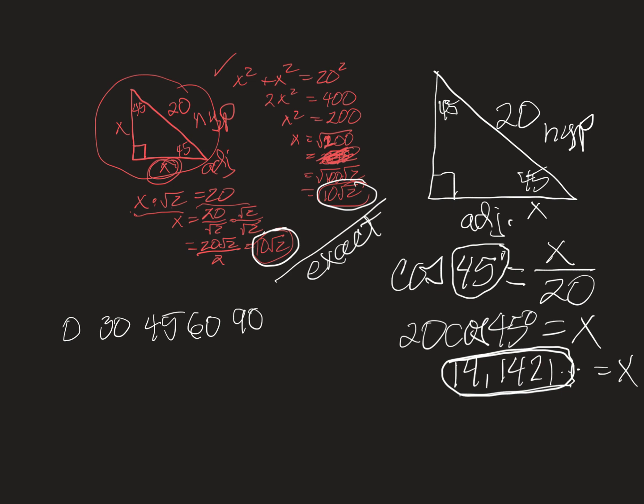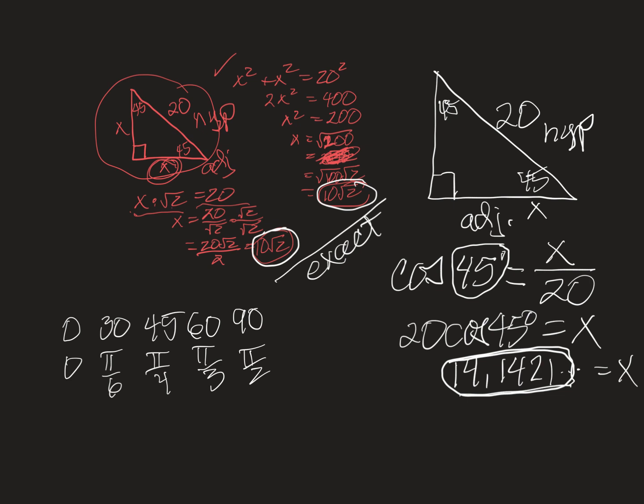Whenever you have these angles in degrees, or their compadres in radians, which are 0, pi over 6, pi over 4, pi over 3, and pi over 2, and all multiples of those, like 5 pi over 6, 11 pi over 6, 3 pi over 4, 2 pi over 3, negative 2 pi over 3, negative 4 pi over 3, etc. All multiples of those, okay?